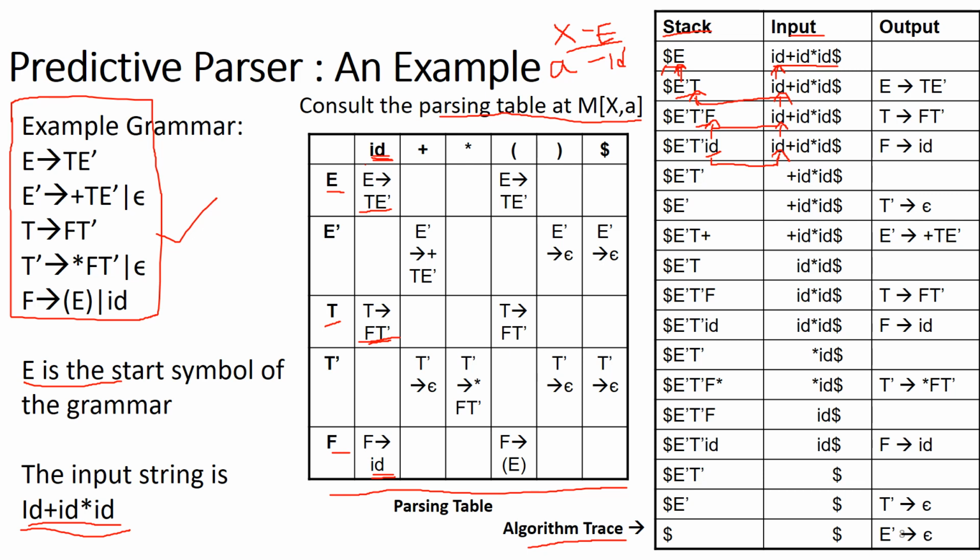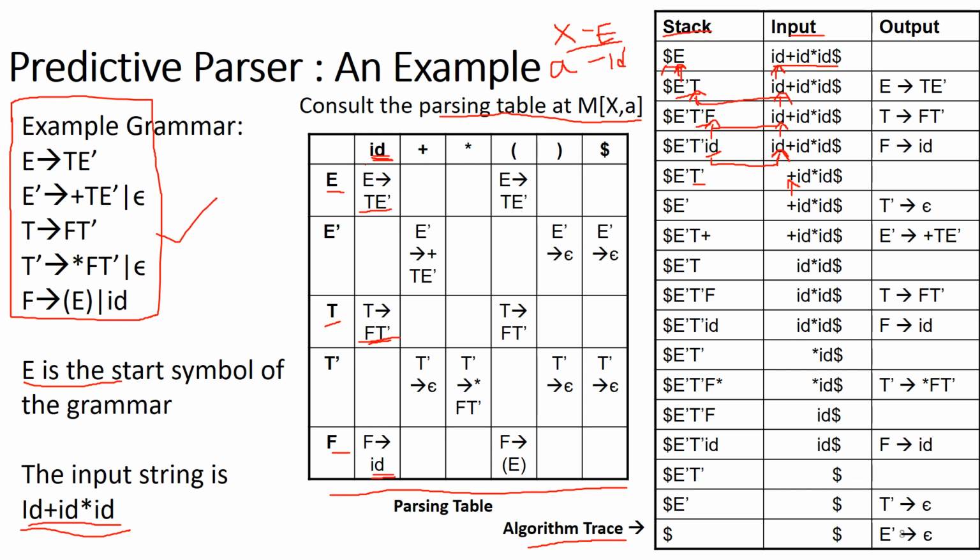As we discussed in the previous slide, when a match occurs, the top of the stack is popped, and therefore T dash becomes the top of the stack, and the input pointer is advanced to the next input symbol, and plus is the current input symbol under consideration.